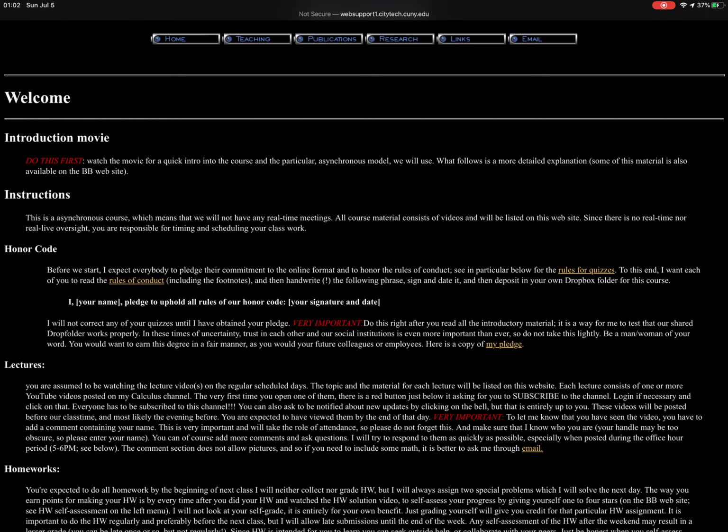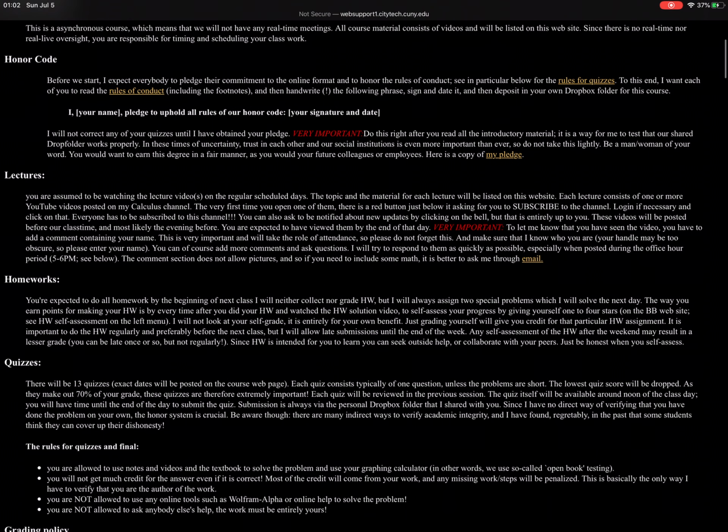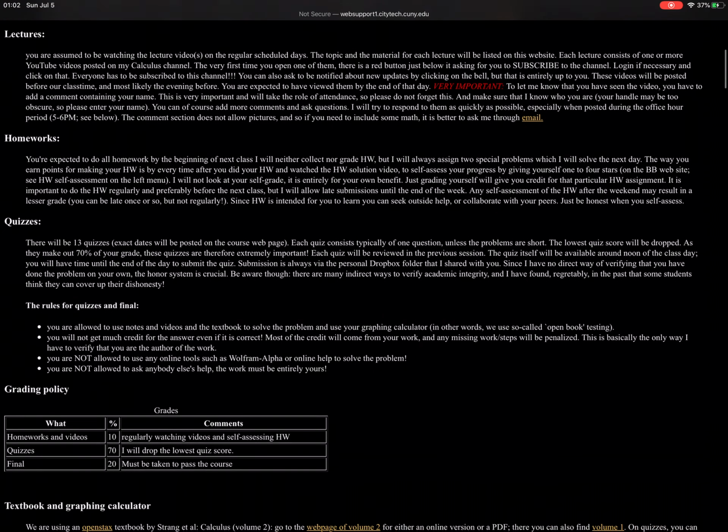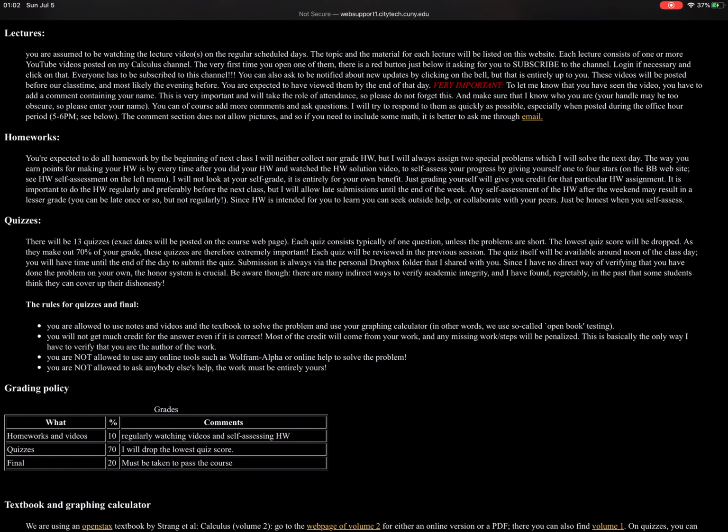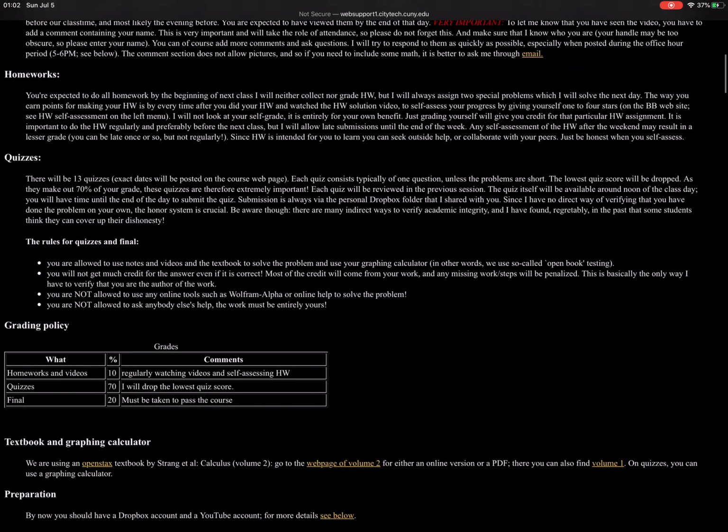So you have to do this day by day and follow the schedule that I set up. There are things that will force you to do that somehow, so we'll go over that. The first thing you need to do after all this is the honor code, but I'm not going to discuss it yet. It's easier if I first discuss the other things. Let me go over the grading policy first.